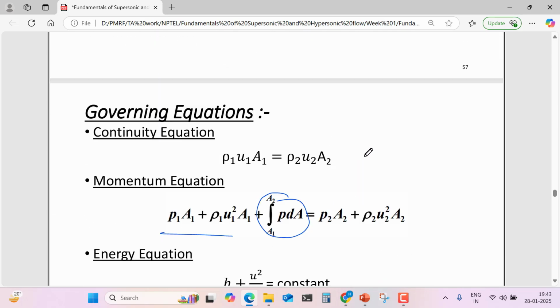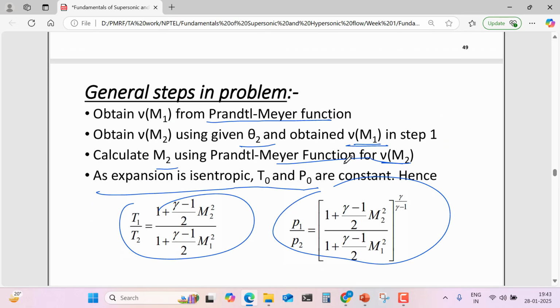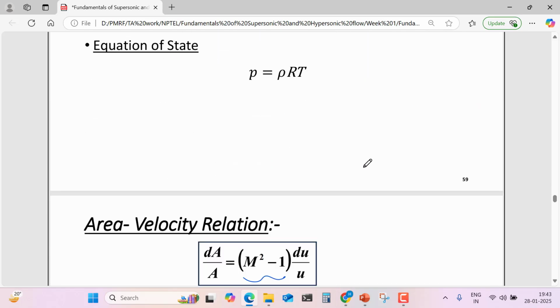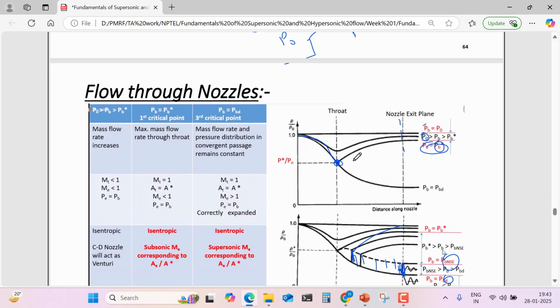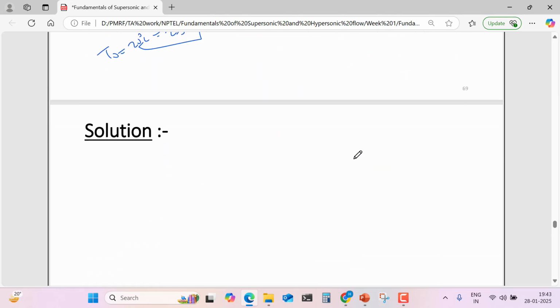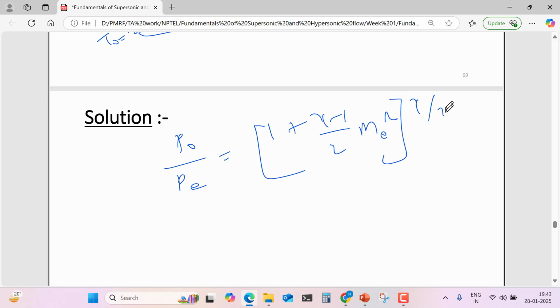Check the formula. So P0 upon PE equal to (1 plus (gamma minus 1)/2 times ME square) raised to gamma upon gamma minus 1.